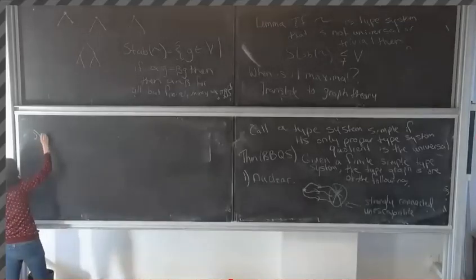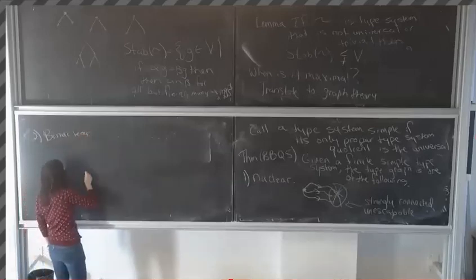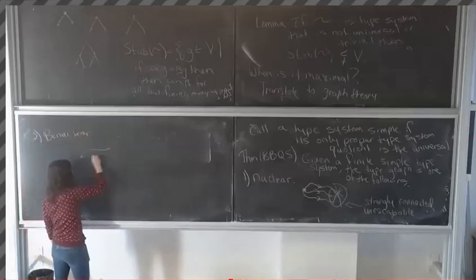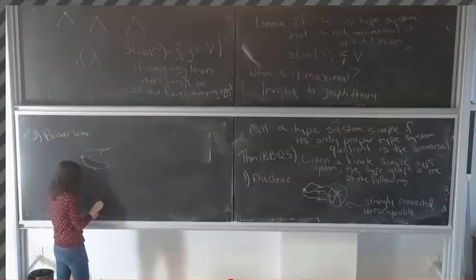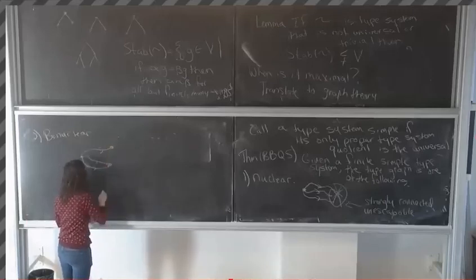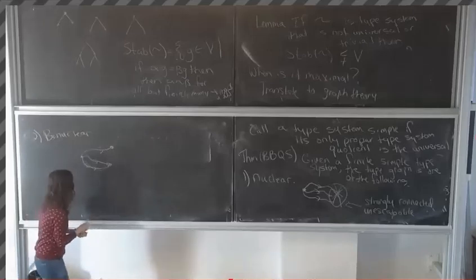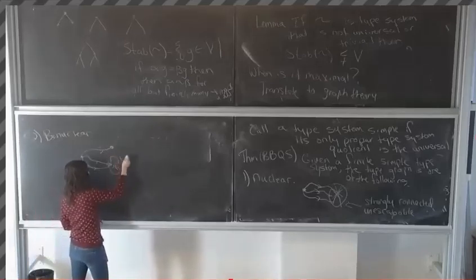The second possibility is what we call binuclear. Similarly, you have these starting paths, but after some finite amount of time, you end up in one of two nucleuses. The two nucleuses both have just a single vertex in them, so you would have a 0 edge here and a 1 edge here.